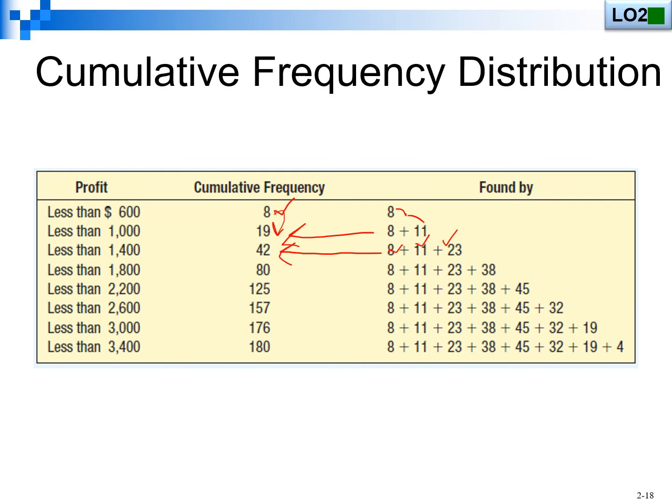So think of every time you go to the next layer, it's always going to be less than the upper limit number. And so eventually, when you get to the very last class, which is the largest number, where the top was 3,400, notice that this number right here is equal to 180 vehicles. So basically the very last class should be 100%. That should be all your numbers.